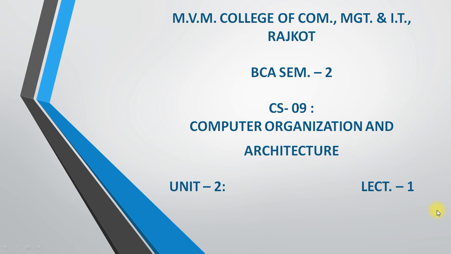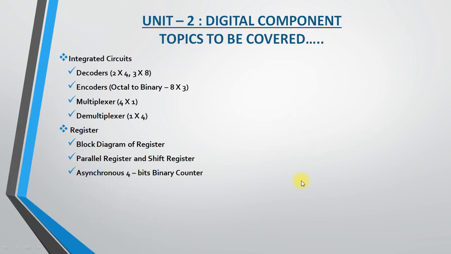Now let us begin with today's session, which is based on unit number 2, and this is lecture number 1 based on this particular unit. In this unit, we are going to cover the following topics: integrated circuits. There are 4 types of integrated circuit, that is decoders, encoders, multiplexer, demultiplexer.